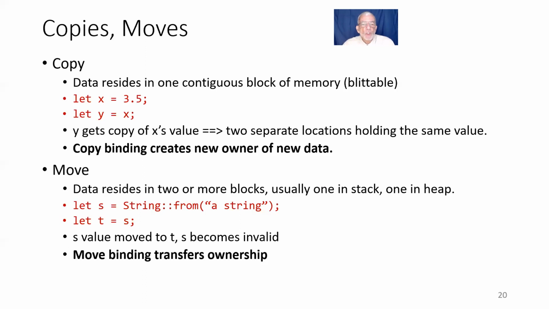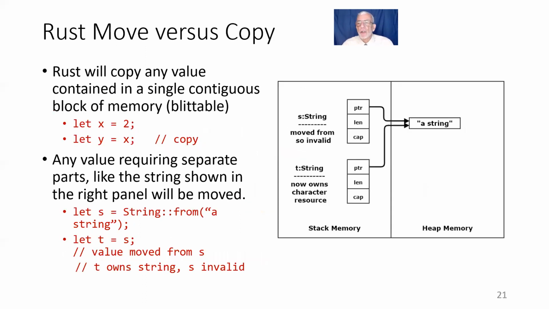Okay, so now here's the picture. When I do a move, here I had the string s. It has a pointer to the string on the heap. It has a length and it has a capacity. And now when I say let t equals s, what I've done is I've blitted this block down here. Nothing has changed. So this guy still points up here.